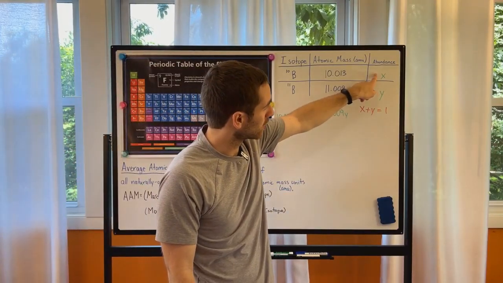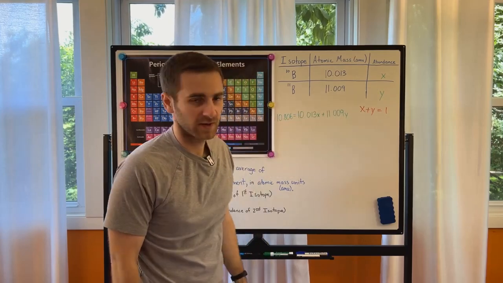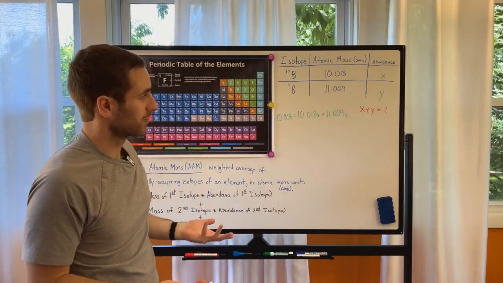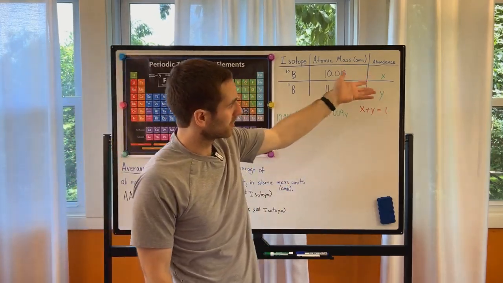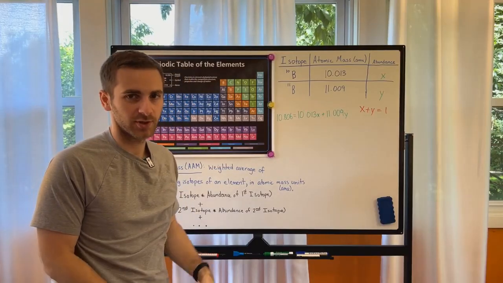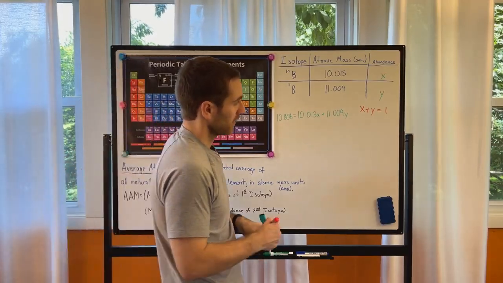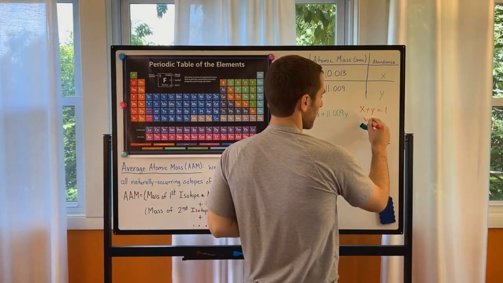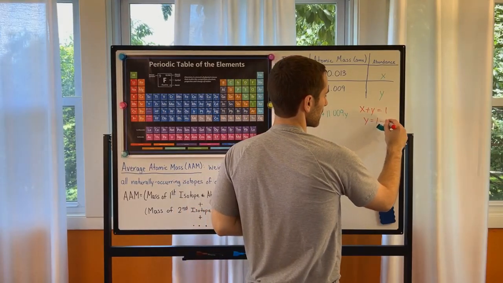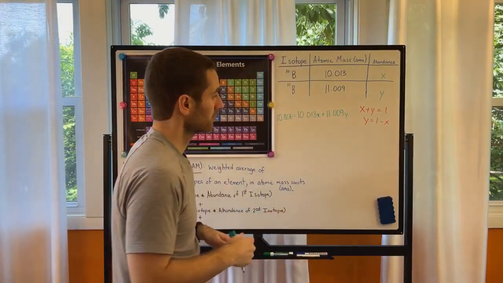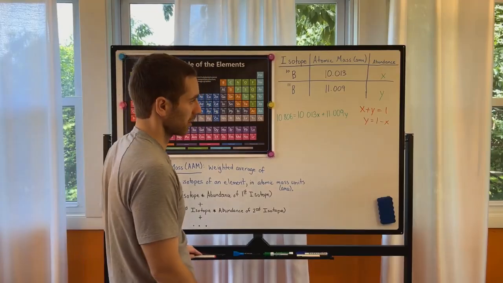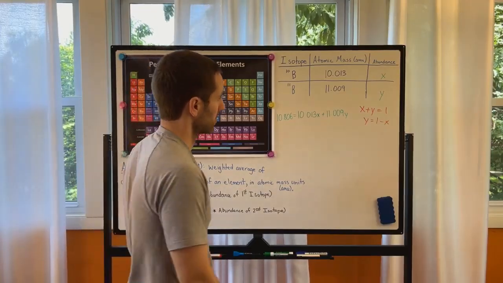If this is 25%, this has to be 75%. They have to add up to 100% or 1 because they're the only two naturally occurring isotopes of boron. And so we can write, for example, Y equals 1 minus X, and plug that into this equation.